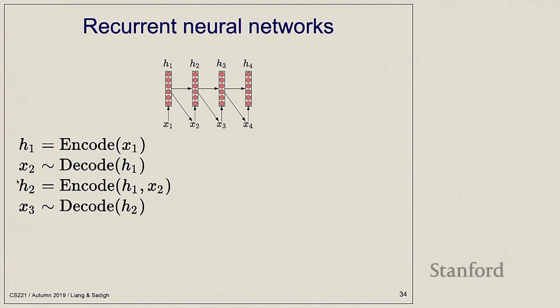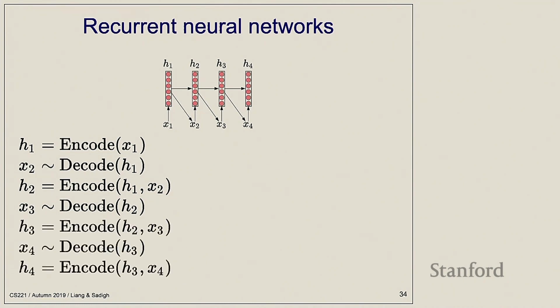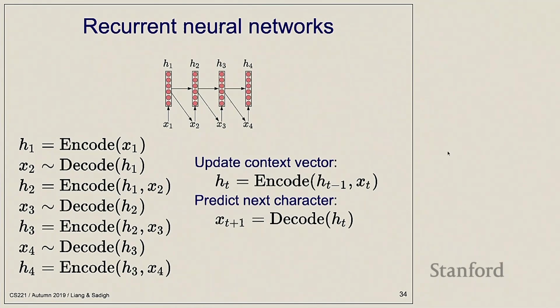And then we take that new hidden encoding and decode it into our next input. And we just rinse and repeat. Each time we take the current input and the previous hidden state to first create an encoding, and then second, predict our next input. So there's those two steps.